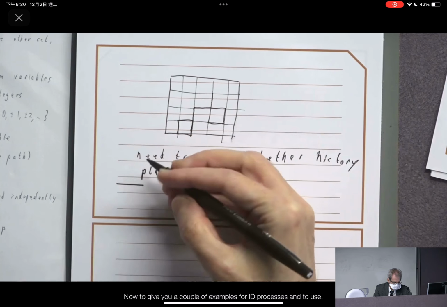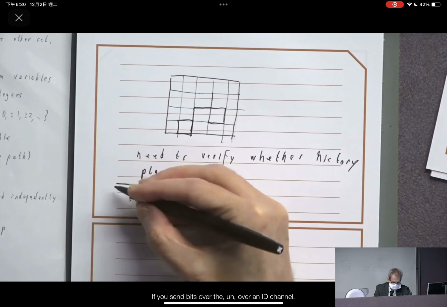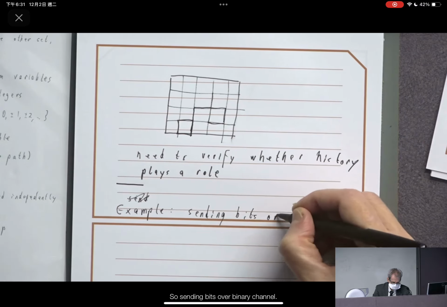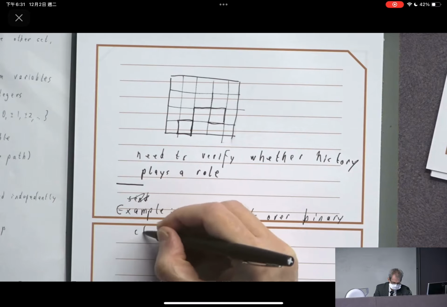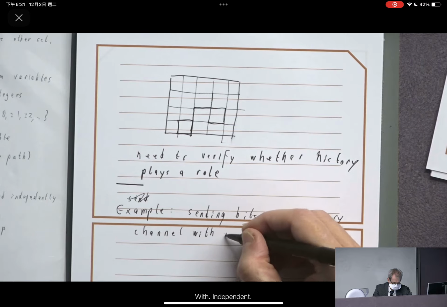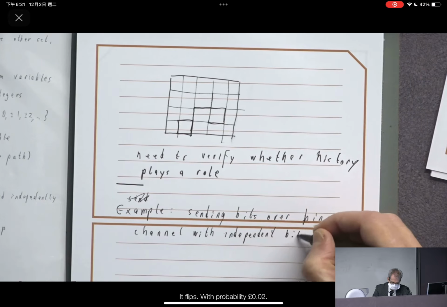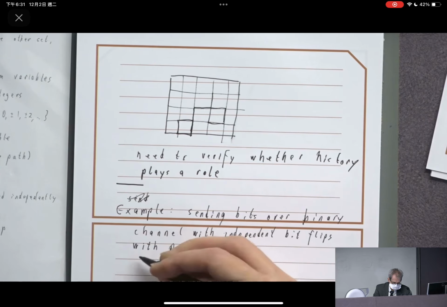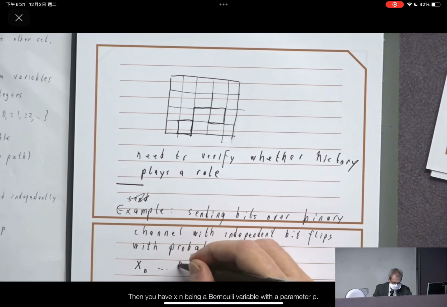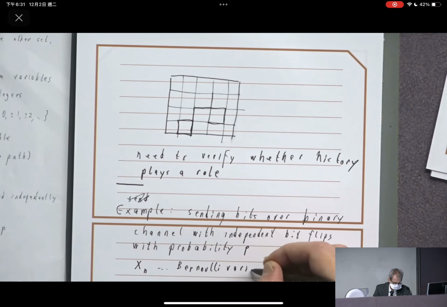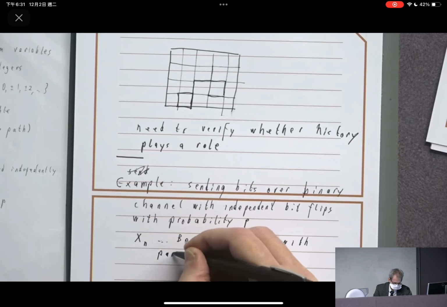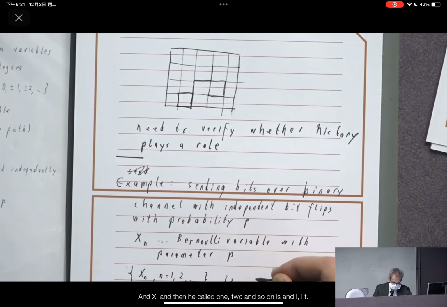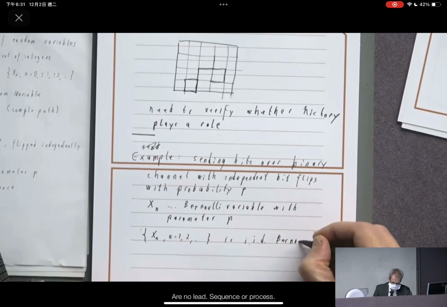Now, to give you a couple of examples for IID processes, if you send bits over an IID channel, so you're sending bits over a binary channel with independent bit flips with probability p, then you have Xn being a Bernoulli variable with parameter p, and Xn, n equal 1, 2, and so on, is an IID Bernoulli sequence or process.